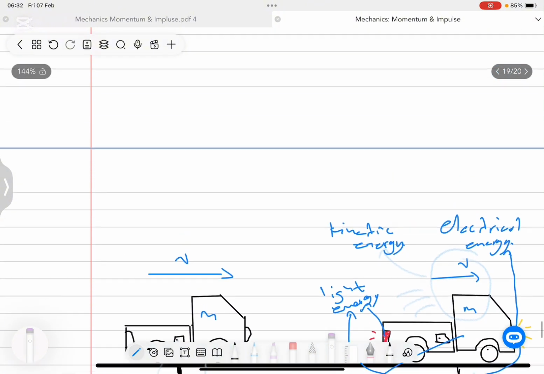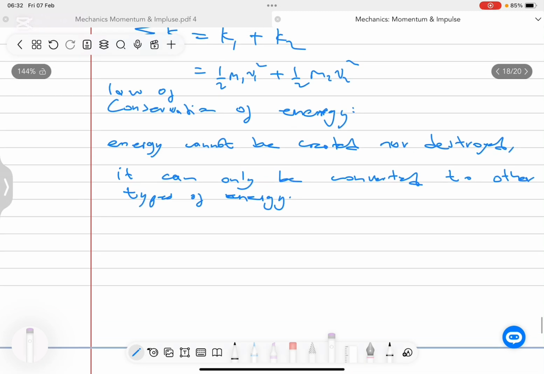That's basically what the law of conservation of energy says, to say energy moves from one form to another form. Very important to be able to understand these energy transformations for us to use in our understanding of collisions.